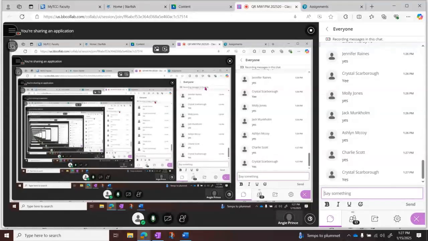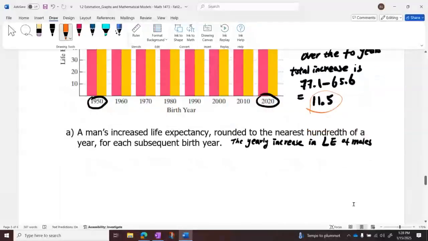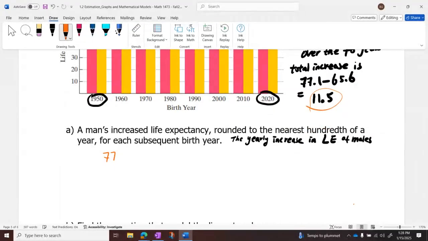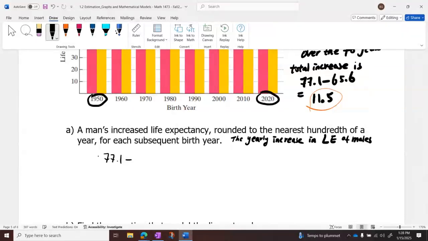Okay, so similar with that. Let me divide 11.5 by 70. I have this number. So for part A, we use 77.1 minus 65.6, and then divided by 2020 minus 1950.